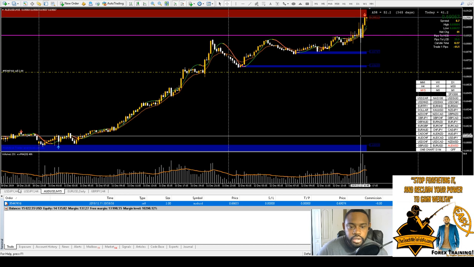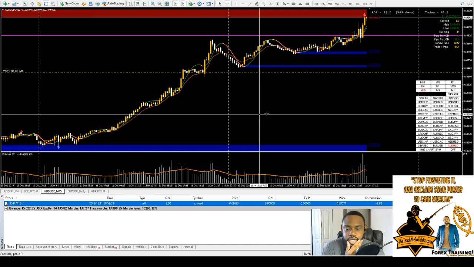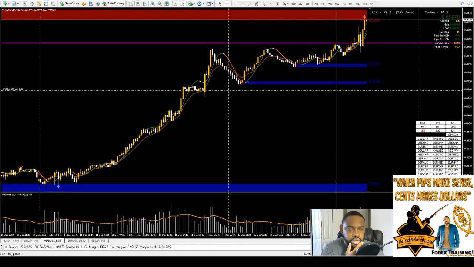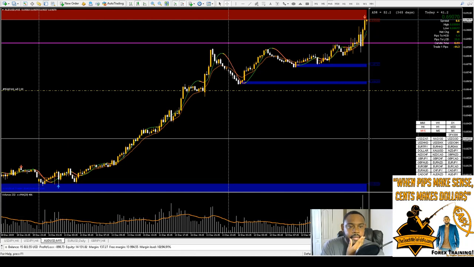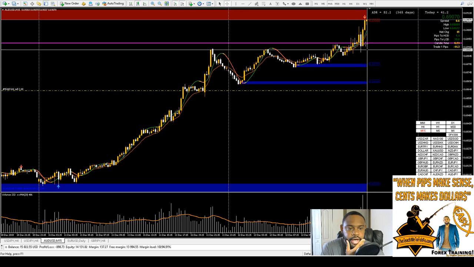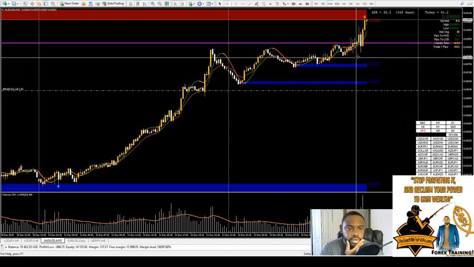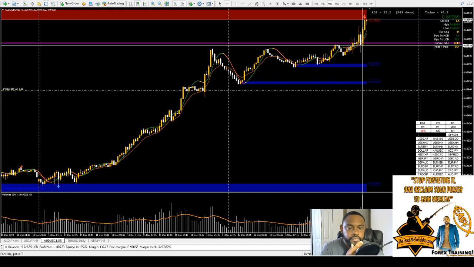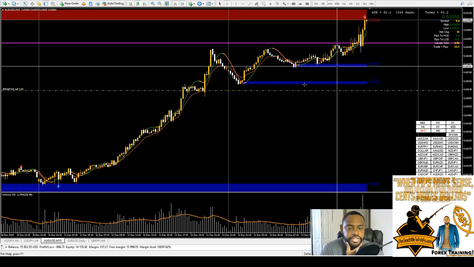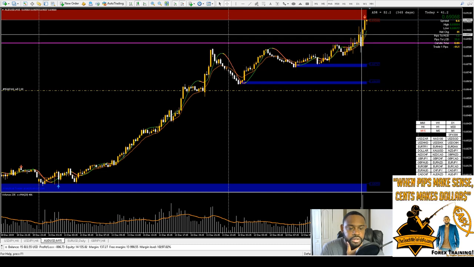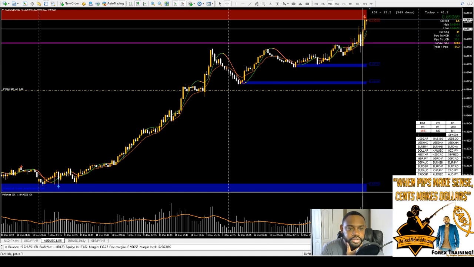So let's take a look at this really quick. Look at what we have right here on this candle. We have the market makers inducing this bullish candle.